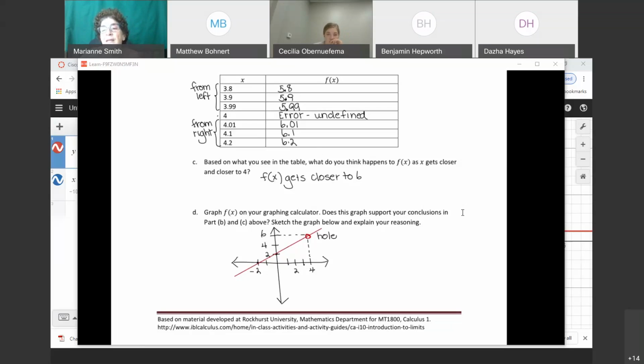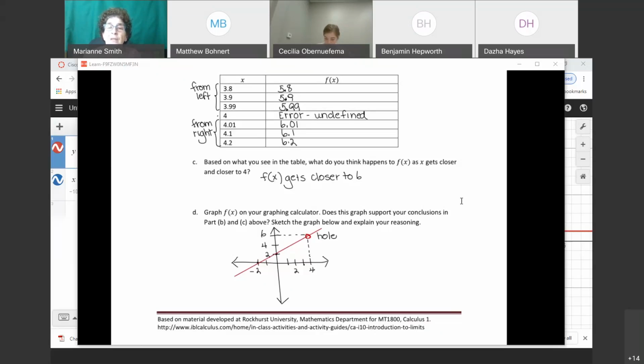So again, a question about the table on a calculator: you want to put the function in y1, y equals. Put the function in y equals, then do second graph to see the table. Like I said, folks, if you want me to do a one-on-one with you with the TI-84 and actually walk you through the process, I'll do that.